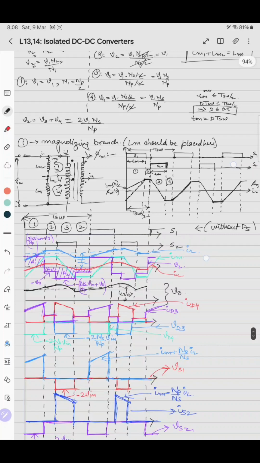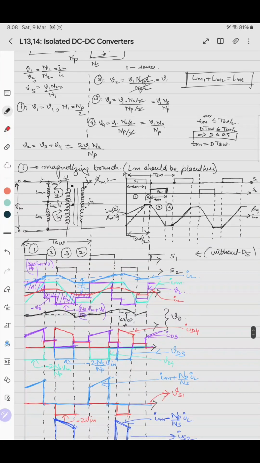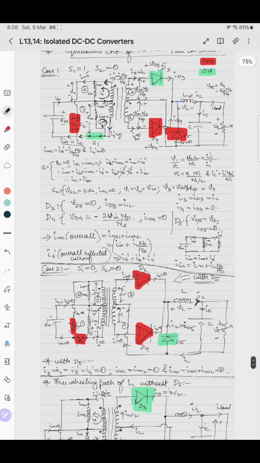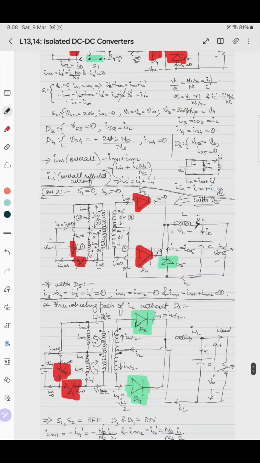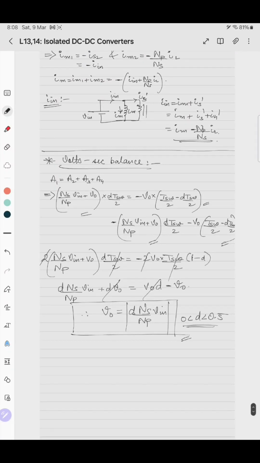Then we saw that the overall flux waveform is positive as well as negative, so it occupies two quadrants of the BH curve, that is quadrant number 1 and quadrant number 3. And we saw the operation with and without the diode D5 in the three cases, and subsequently we drew the waveforms and derived the volt second balance of it. In the next lecture we will see other DC-DC isolated converters like half bridge, flyback. Thank you.